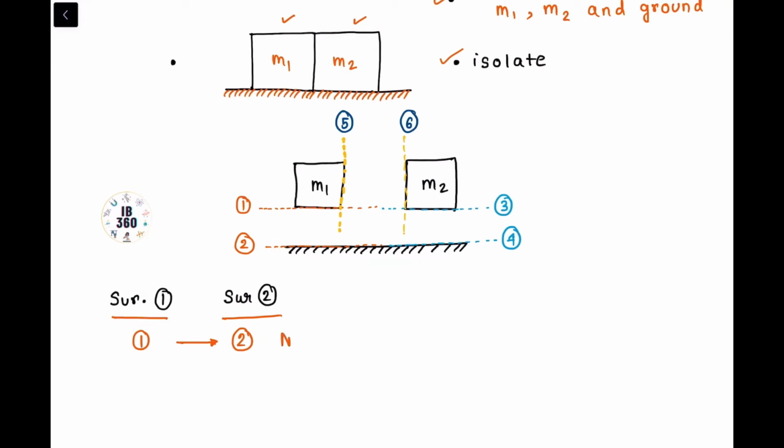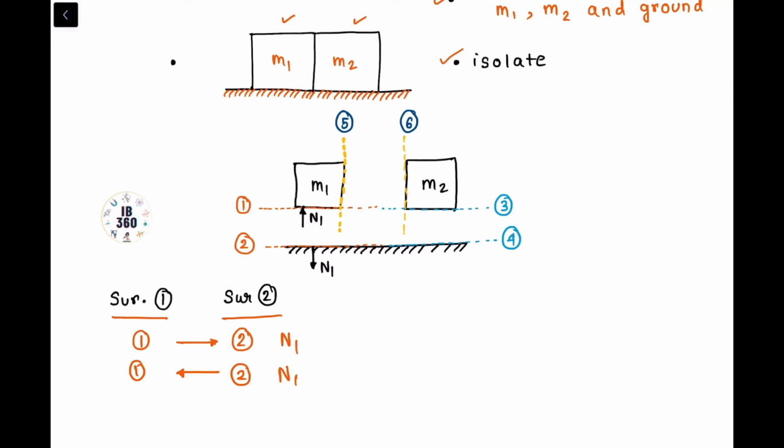The value of that force is N1, suppose. Similarly, surface 2 will give an equal force in the opposite direction, the same force N1 towards surface 1, by Newton's third law of motion. So over here N1, and in the downward direction also N1.